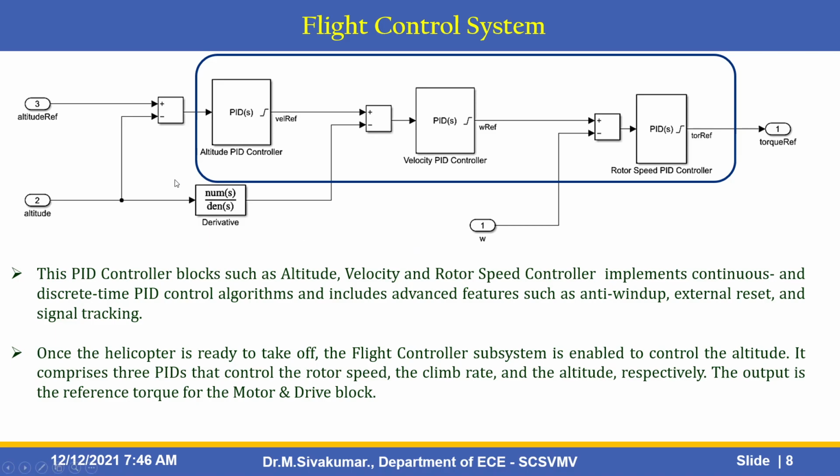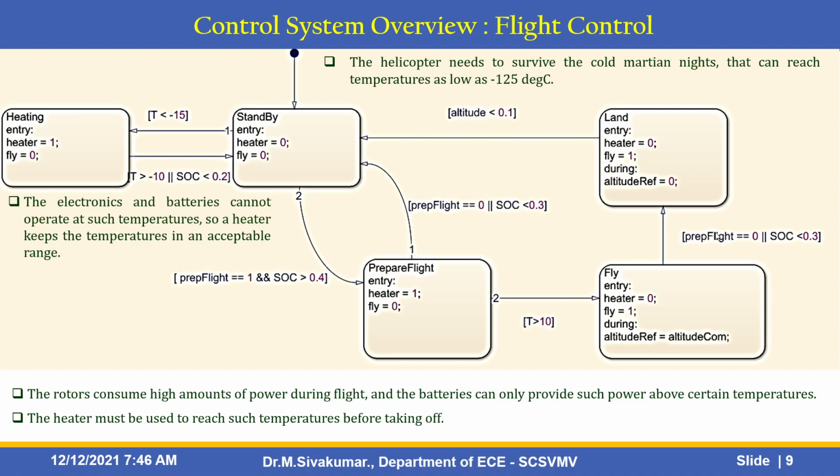It comprises three PID controllers that control the rotor speed, the climb rate, and the altitude respectively. The output is the reference torque for the motor and drive block. You can see in the interactive Simscape Result Explorer the motor and drive block with all the analysis of simulation output.